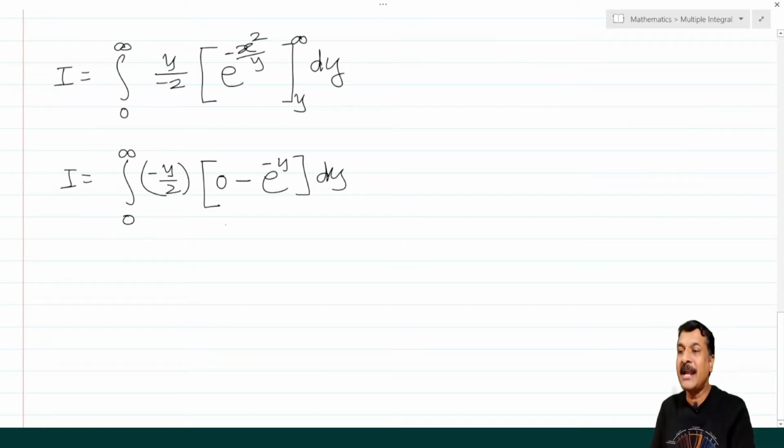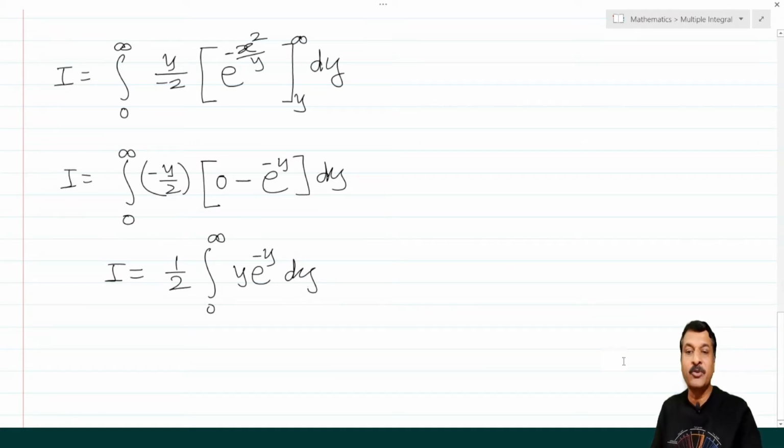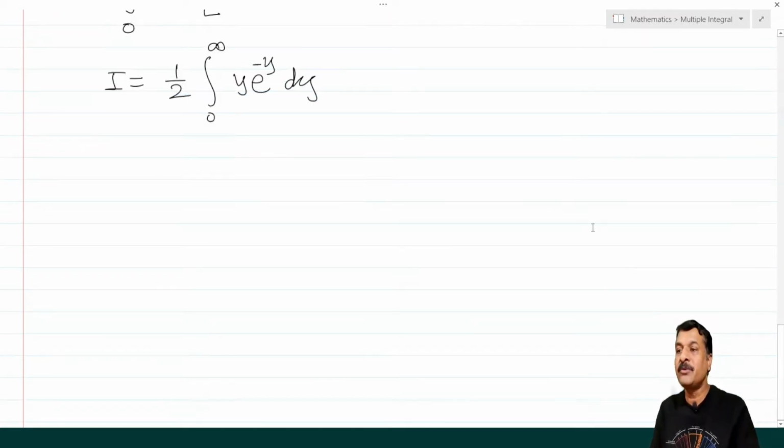This we have to integrate with respect to y, simplified. So I am getting I equal to 1 by 2 constant, and this minus sign we can adjust inside. So I am getting y into e raised to minus y dy. Now here we use the u v rule, the continued uv rule. What is that?